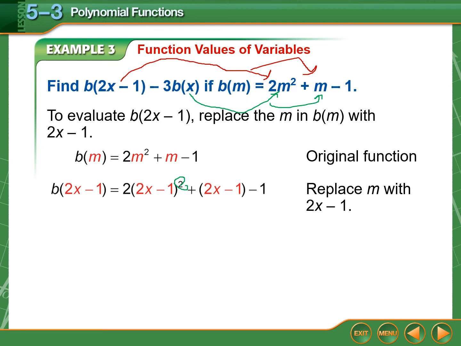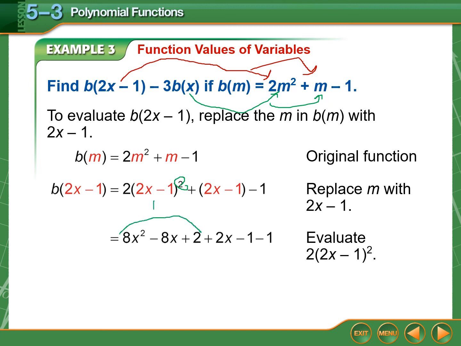We're going to have to FOIL. You multiply all that out. Here's the 2 times 2x minus 1 squared. That's right there. Then here's your 2x minus 1. I think that's fairly clear. And the minus 1. Now we simplify. Combine your like terms, 8x squared minus 6x.